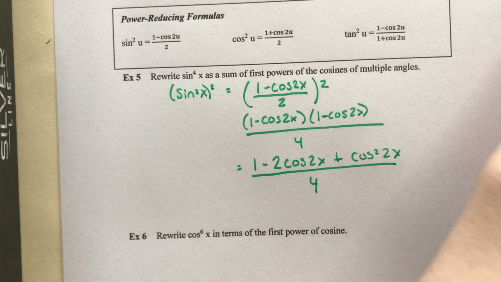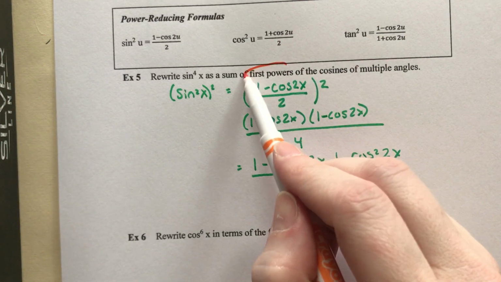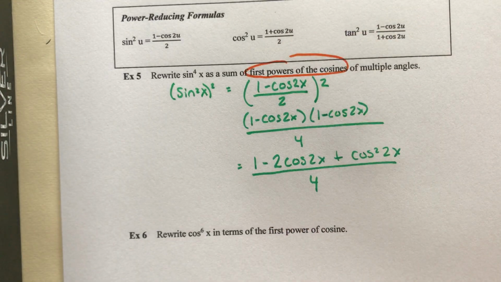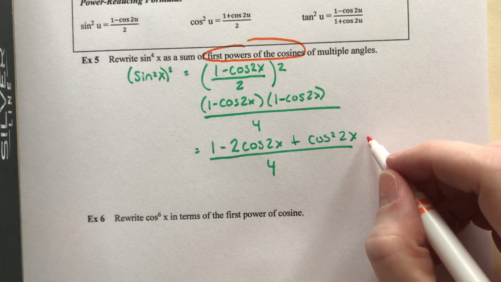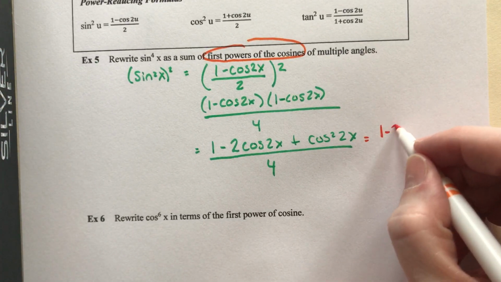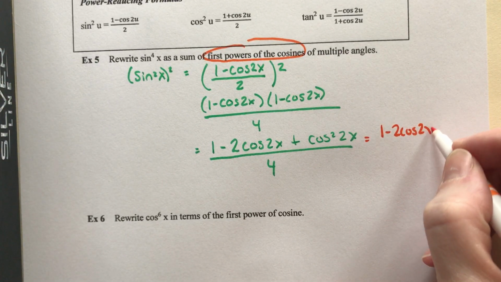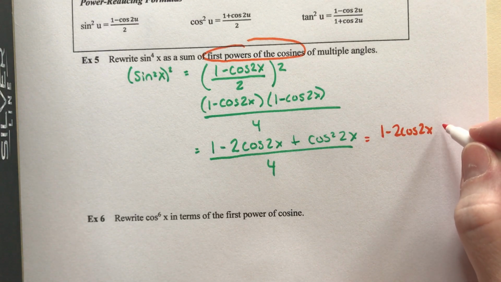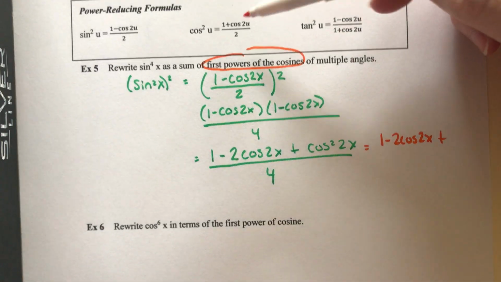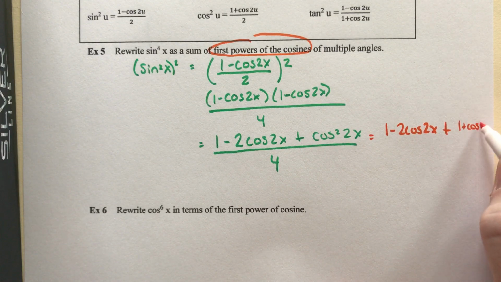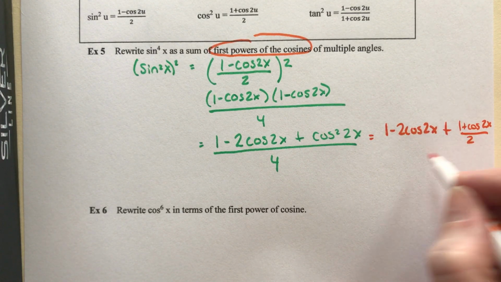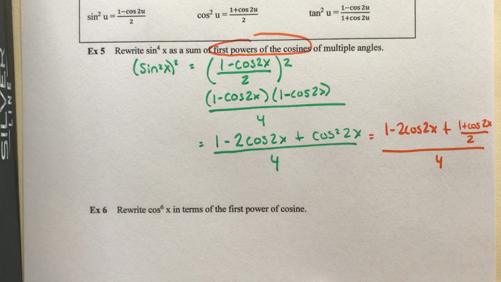Now we got a little problem here because the question said they want first powers of cosines, which means I can't have any squares, and I got a square right here. So last thing I'm going to do is just fix this one more time. 1 minus 2 cosine of 2x, and then plus cosine squared from my formula sheet up here is 1 plus cosine of 2x over 2, all divided by 4.